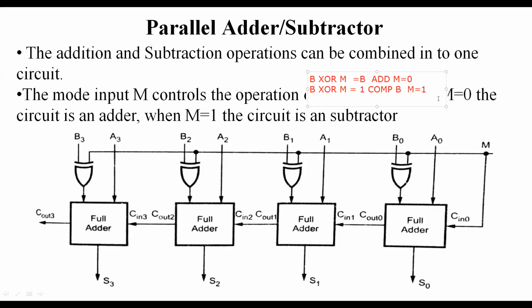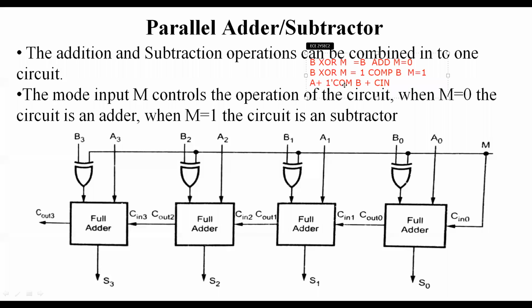The subtraction operation happens as follows: A is added with the 1's complement of B plus carry in, C in, with 1 applied. The C in is nothing but the mode control. Then it will perform the subtraction operation.